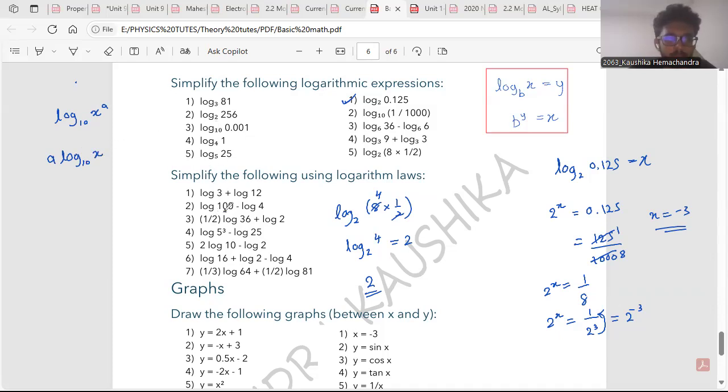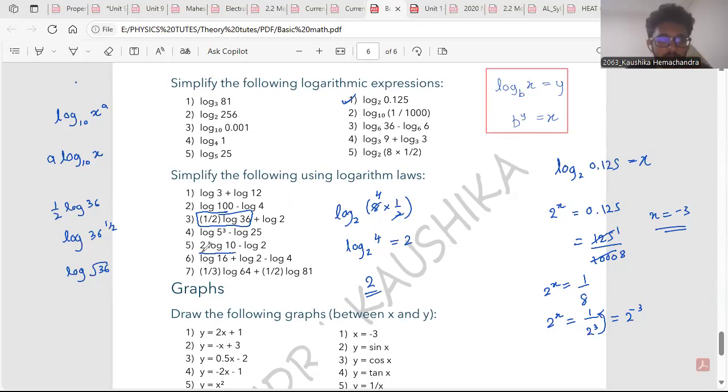That is what they have done here. For example, half log 36 means log 36 to the power half. Power half means it's the root of 36, right? Log root 36, right? So you get log 6, you need to get the logarithm book for that.